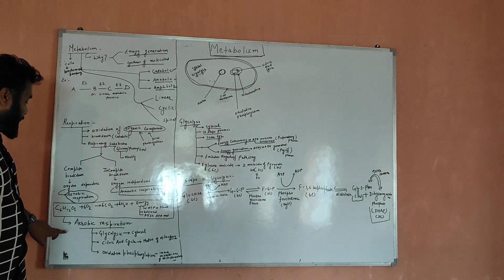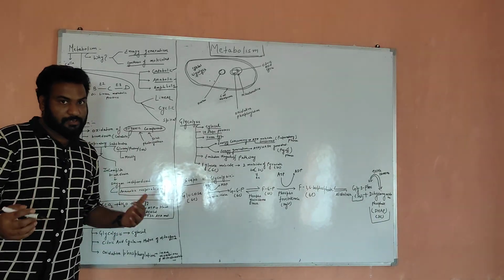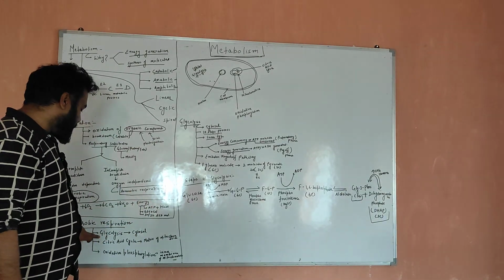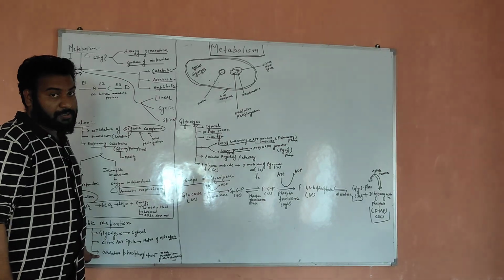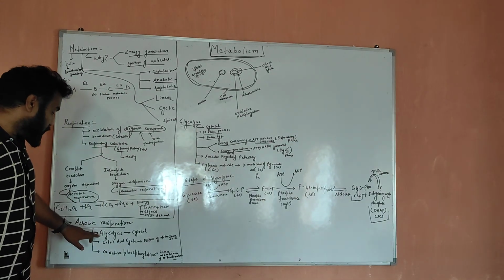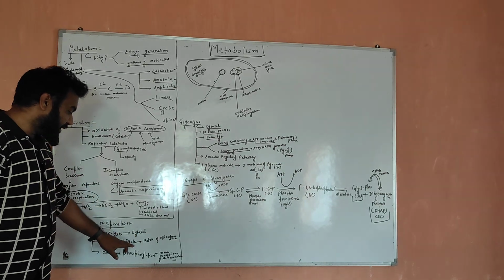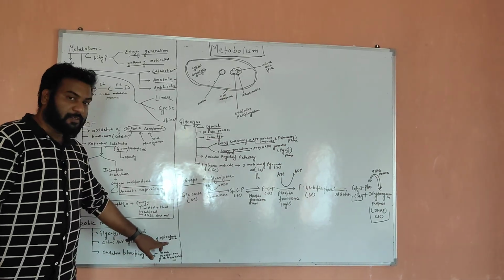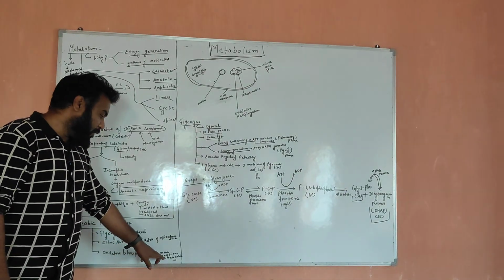When we consider aerobic respiration, three different reactions occur: glycolysis, the citric acid cycle, and then oxidative phosphorylation. Glycolysis usually occurs in the cytosol, the citric acid cycle occurs in the matrix of mitochondria, and oxidative phosphorylation occurs in the inner membrane of mitochondria.